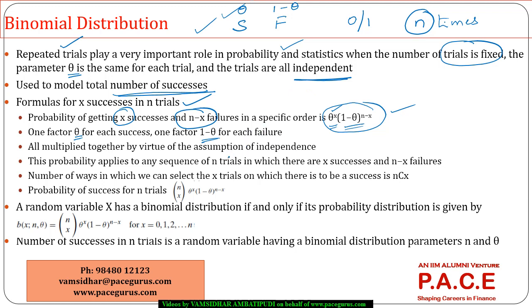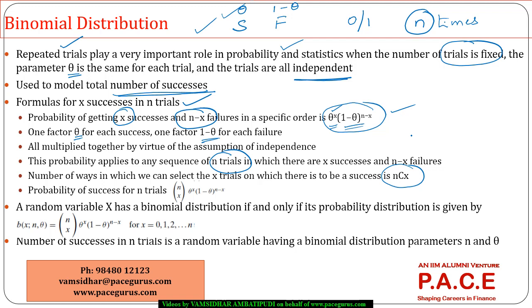So this can be in any sequence of n trials, out of which any x of them could be successes, and the remaining n minus x of them could be failures. Getting x successes out of n trials could happen in nCx number of ways, because any of them could be a success, any of them could be a failure.